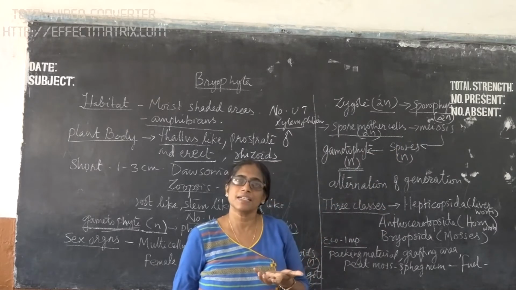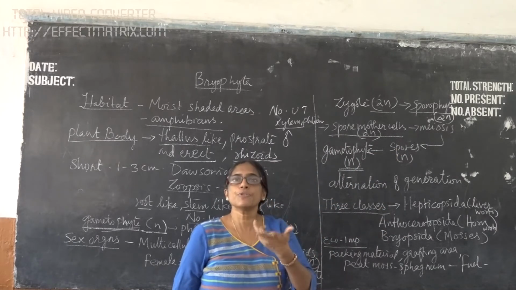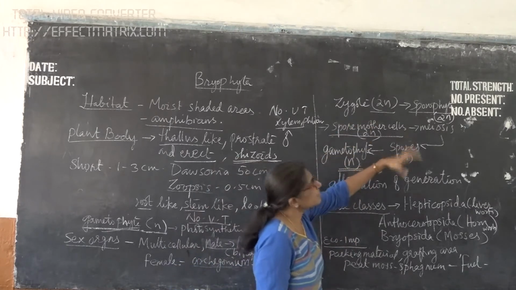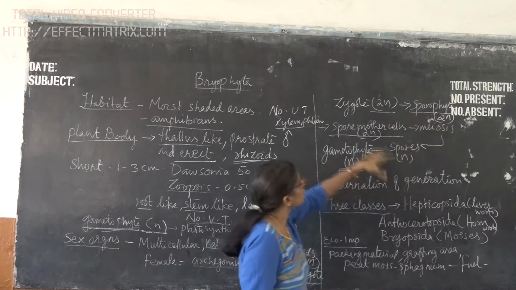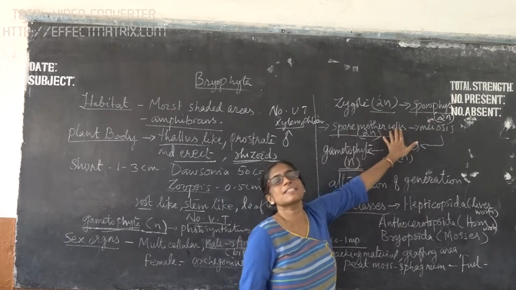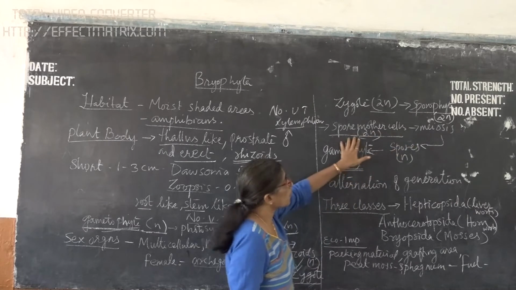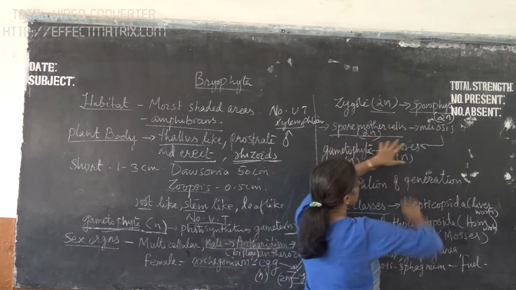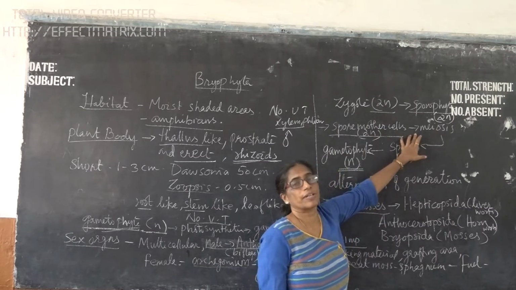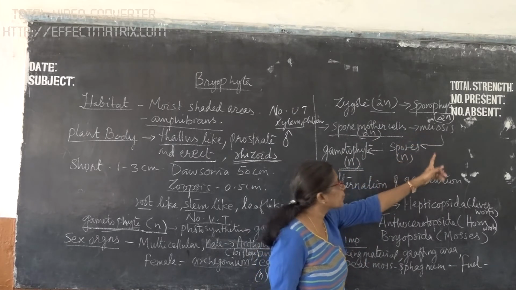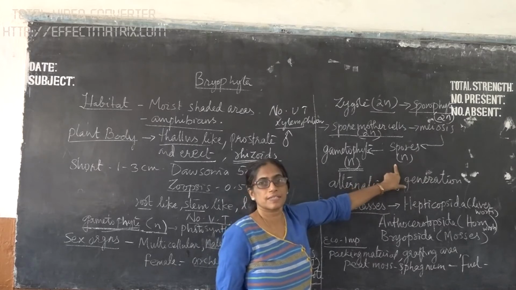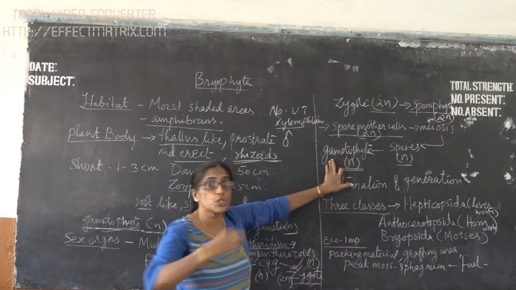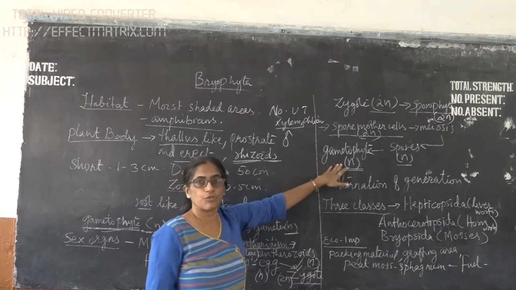Spore mother cells are the cells that produce spores. The spore mother cells are also diploid. These spore mother cells undergo meiosis or reduction division and produce haploid spores. And these haploid spores germinate to produce a new plant, that is the gametophyte.